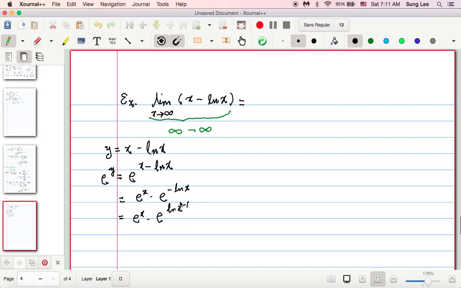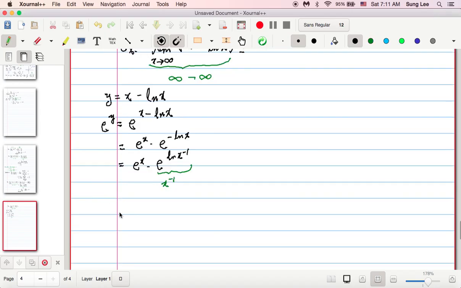So this part is the same as x to the power of negative 1, the inverse. Okay? So all together, this equals e to the x over x. Okay? E to the x over x.